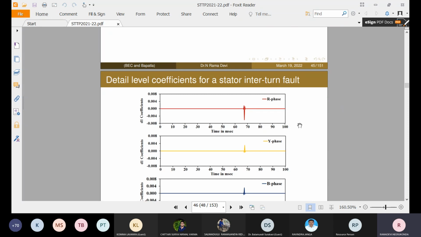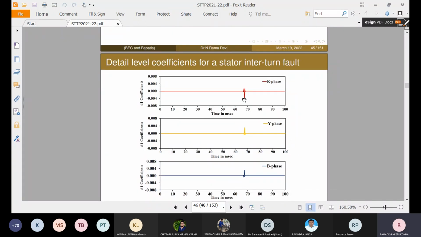When the signal is sent to the wavelet transform, the decomposed detail level D1 coefficients are like this. At this instant, we observe a value corresponding to the detail level coefficient, because the mother wavelet Bior 5.5 is correlated with the disturbance and gives certain coefficient values.